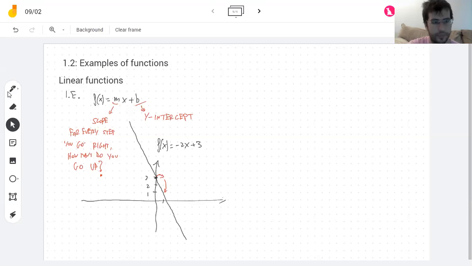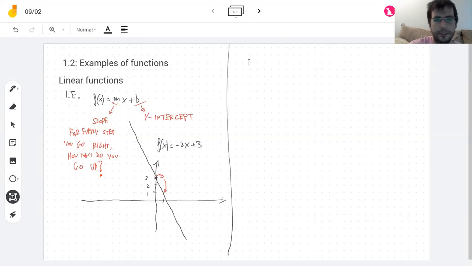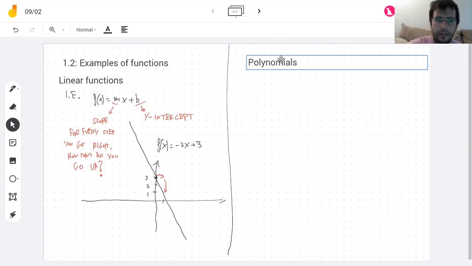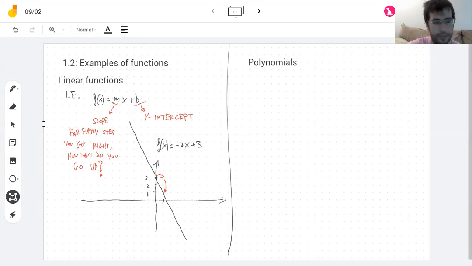So the next simplest example is polynomials. Polynomials are what you get from adding, subtracting, and multiplication, not division.